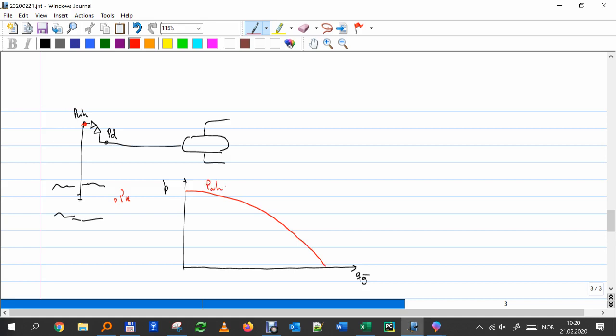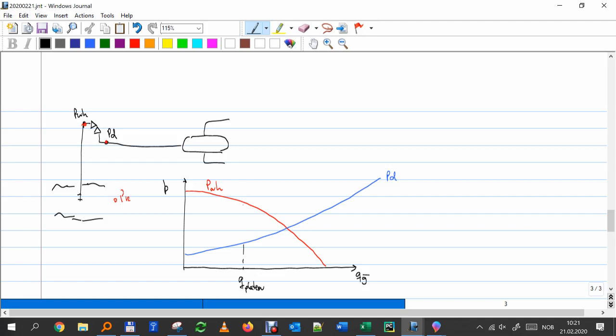P wellhead available. And the required pressure I have here, how is that curve? Going up, right? P required. And when we are operating in plateau rate, let's say I want to produce this plateau, what do I have to do?